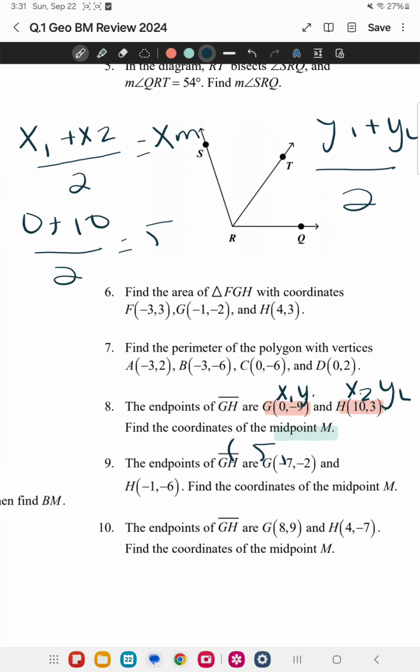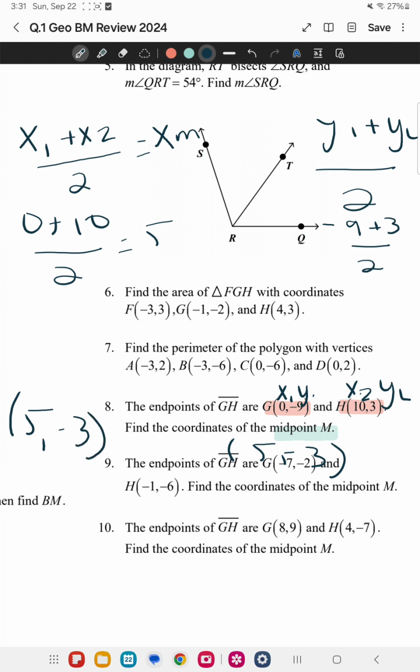And now I'm going to do the same thing with my x's. So I get a negative 9 plus 3 divided by 2, which becomes negative 6 divided by 2, which gives me a negative 3. So let's put it over here. My answer is going to be 5, negative 3.